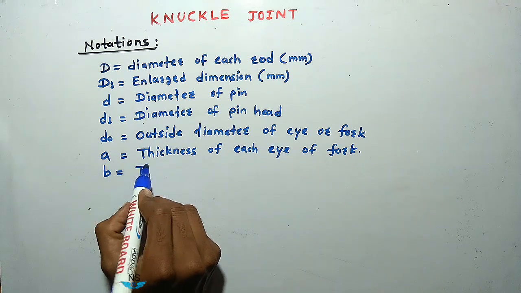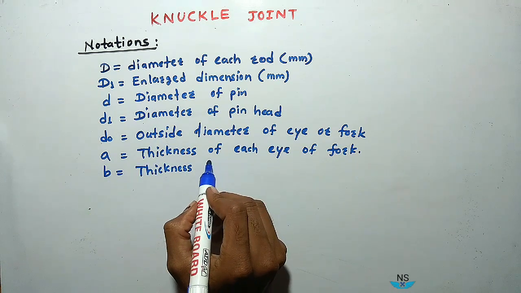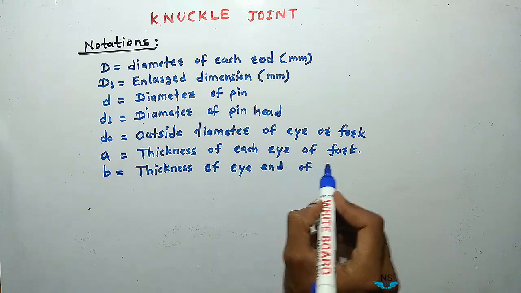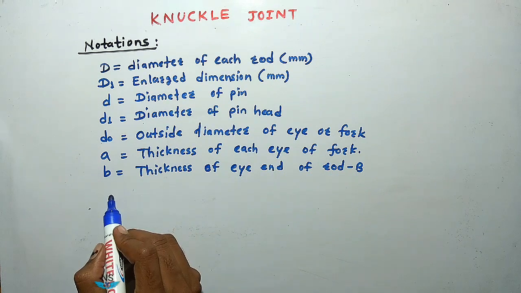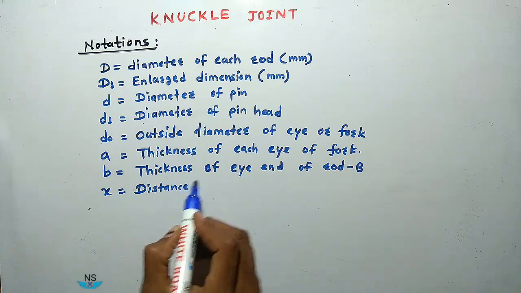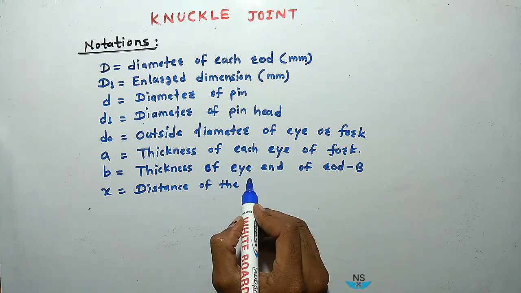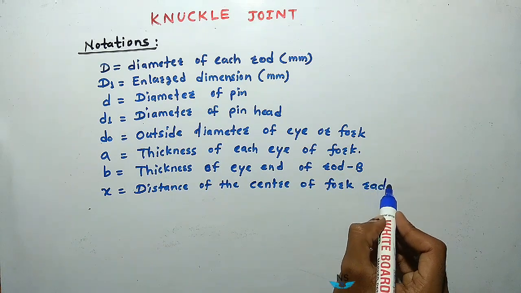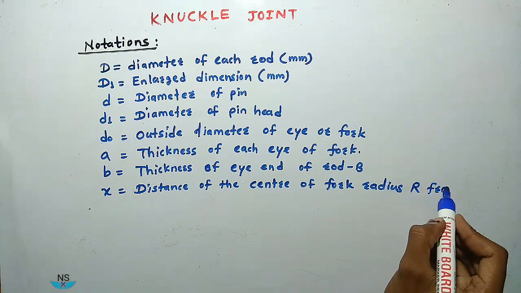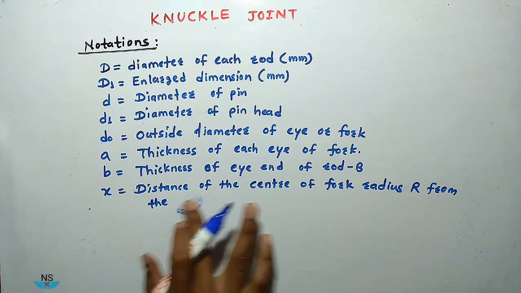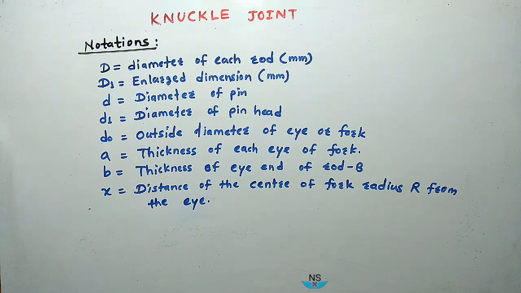Then small b is the thickness of the eye end of rod B. Then x is the distance of the center of the fork radius R from the eye, in mm. So these are the notations used in the knuckle joint.